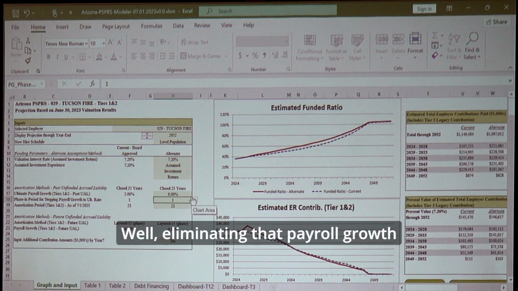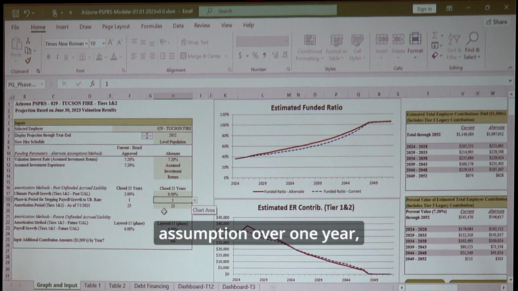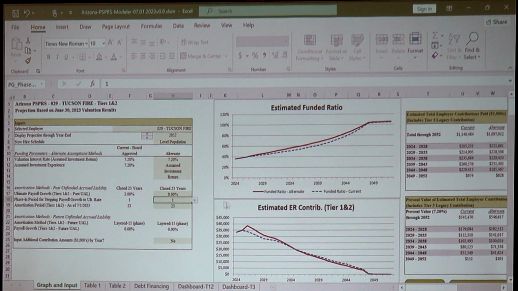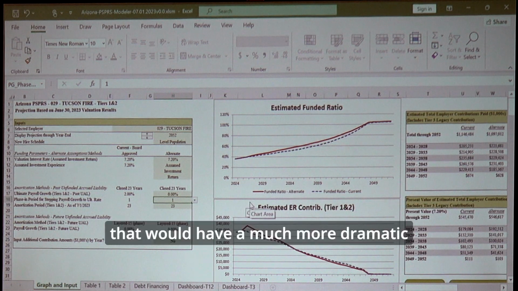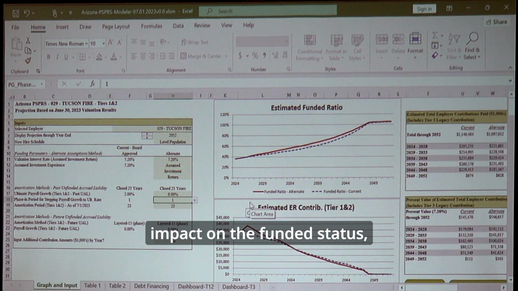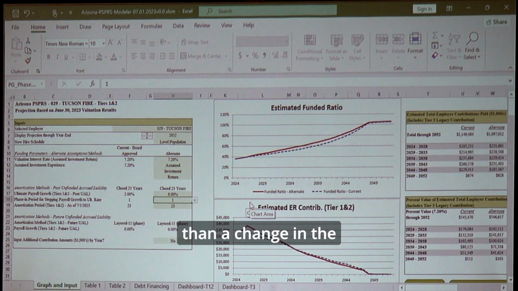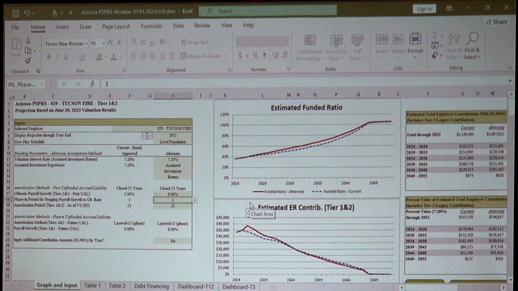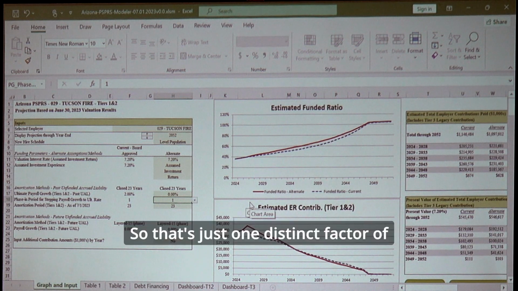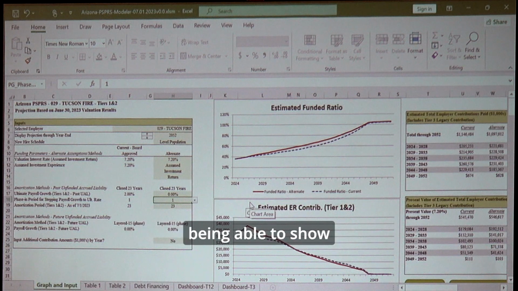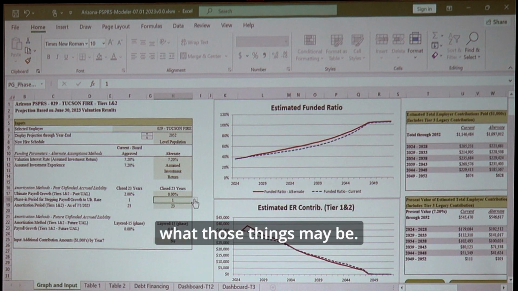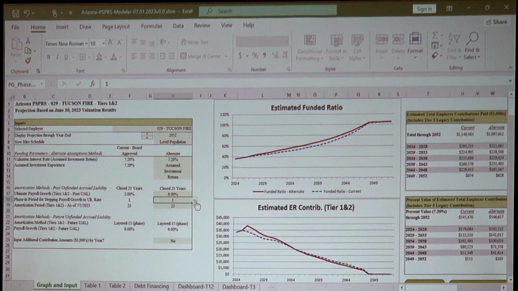Well, eliminating that payroll growth assumption over 1 year, that's the phase-in period, would have a much more dramatic impact on the funded status, but especially on the contribution rates, than a change in the assumed rate of return. Okay? So that's just one distinct factor of being able to show what those things may be.